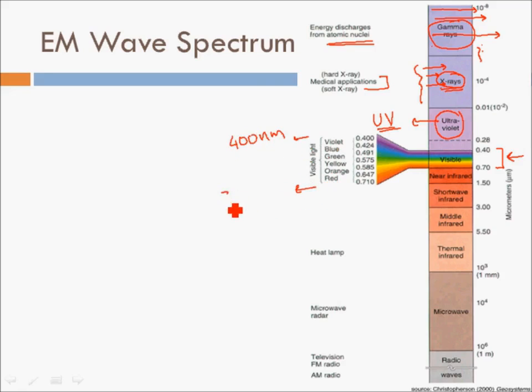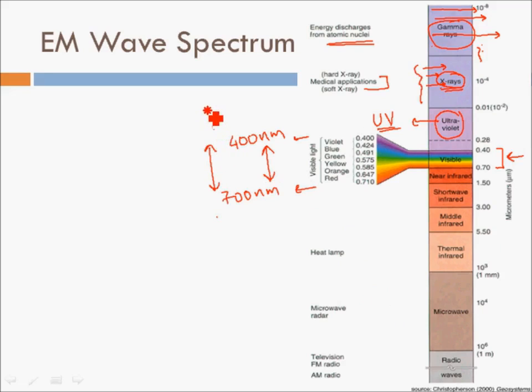These are approximate values, not exact values, but between this region lies the visible part of your electromagnetic spectrum. So of all the millions and billions of different electromagnetic waves, we can only see the waves which lie between 400 to 700 nanometer.